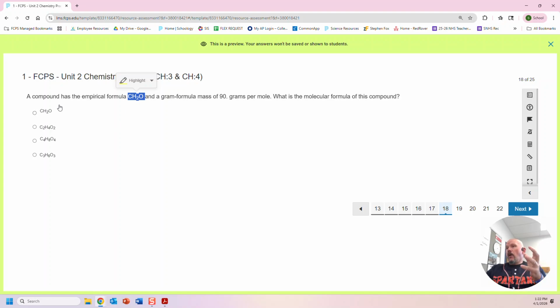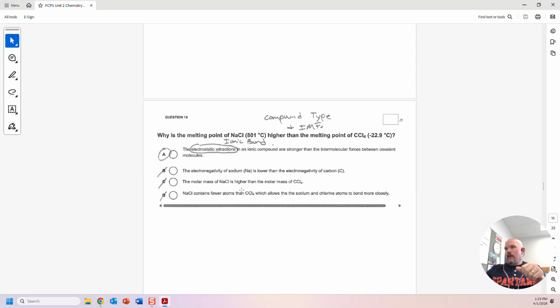So all of these could be the answer. The limiting factor is which of these adds up to 90 grams per mole. So which of these formulas would have a molar mass of 90 grams per mole? And then they would all reduce back to this formula, okay? But only one of them would add up to a mass of 90, right?